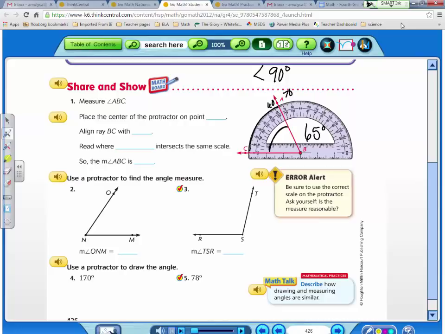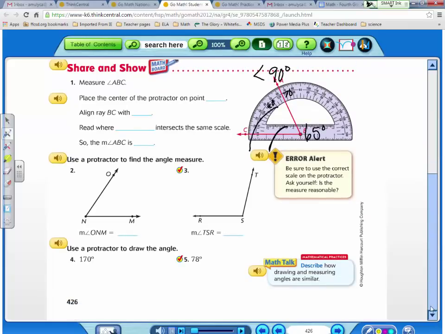Now when you want to draw angles, you're going to start by drawing a ray first, and then marking with your protractor. So if I'm going to draw a 78 degree angle, I start with a ray. It doesn't matter which direction.